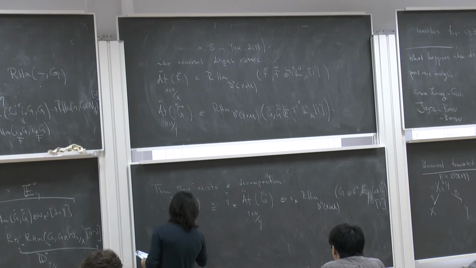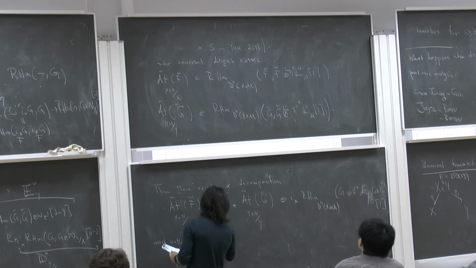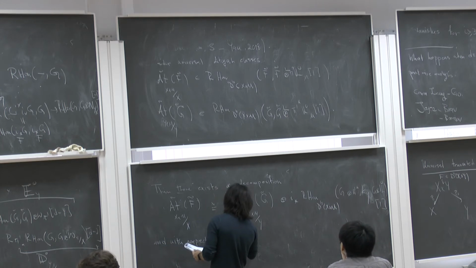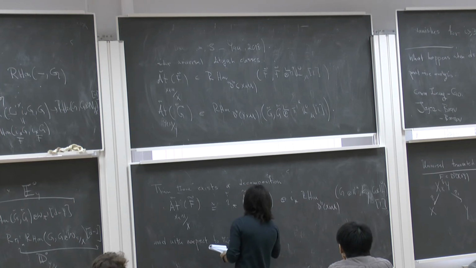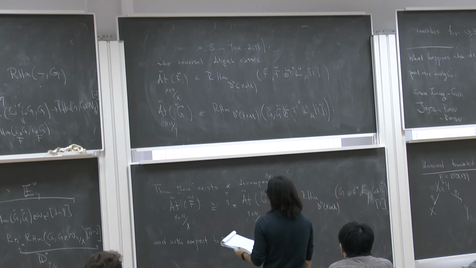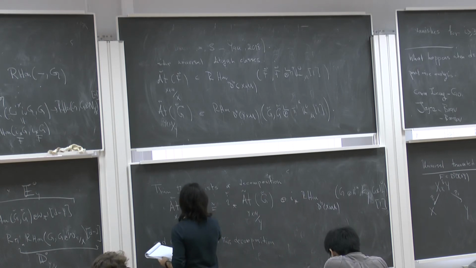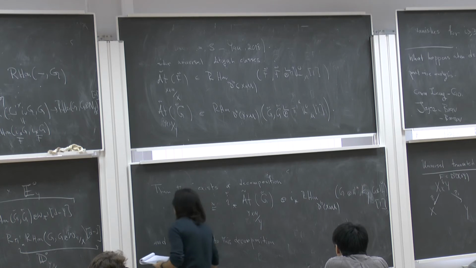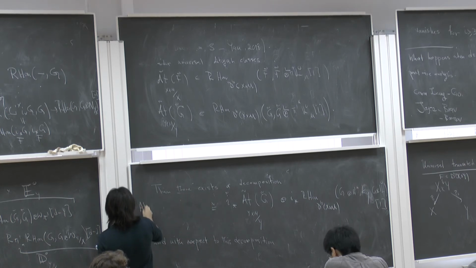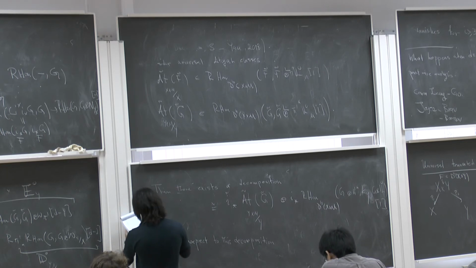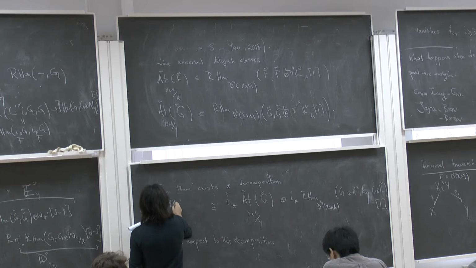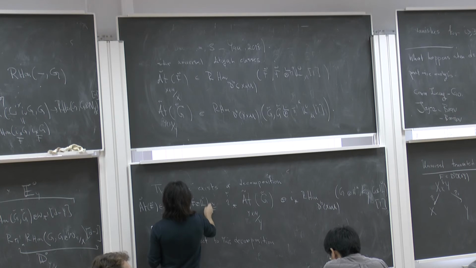Okay, so maybe this is kind of a wrong statement, so maybe I should say it like this. The Atiyah class of F is an element, this is more correct, of R Hom of F, tilde L dot shifted by 1.